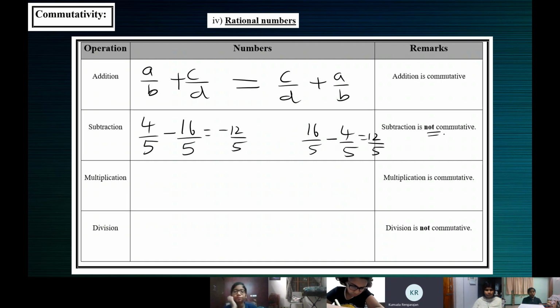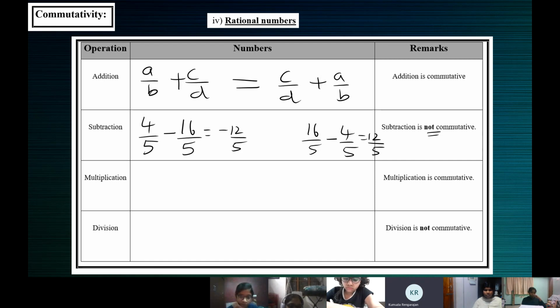So they are not commutative under subtraction. You get different answers when you change the order: first one minus the second one, second one minus the first one. If it were commutative, first minus second and second minus first would give the same answer. So they're not commutative under subtraction.